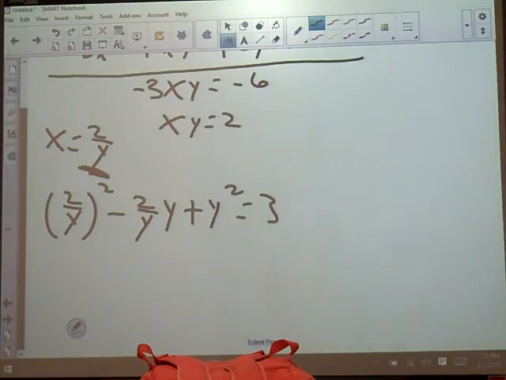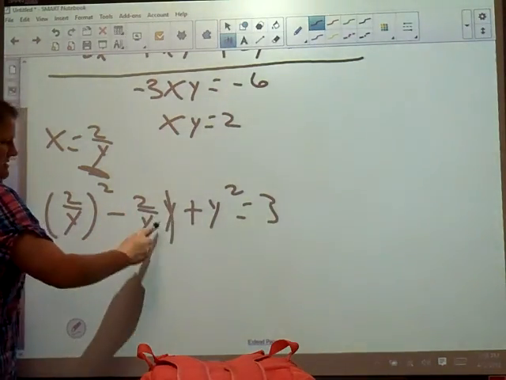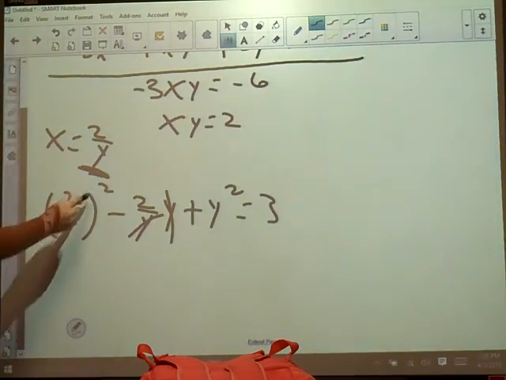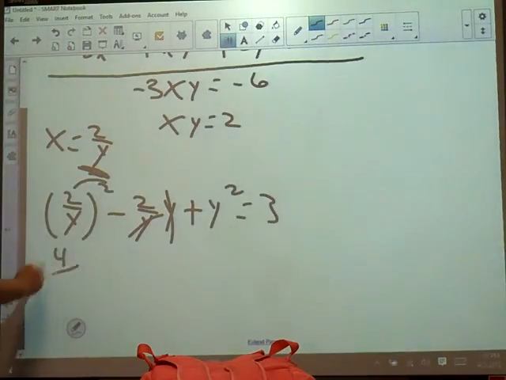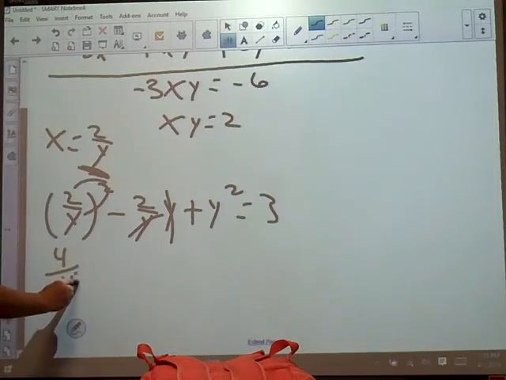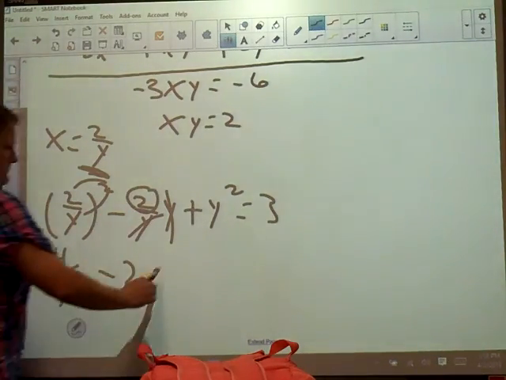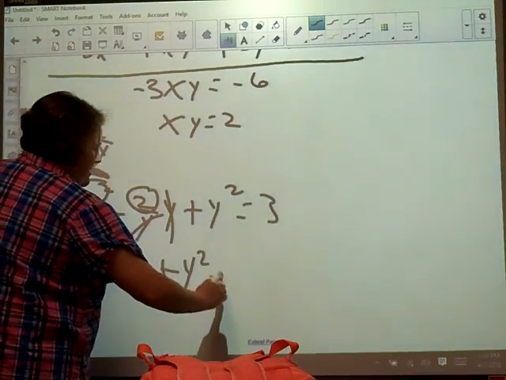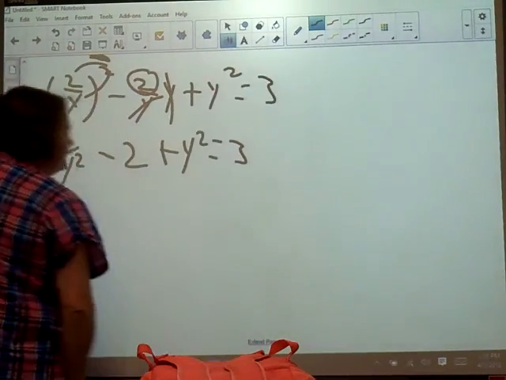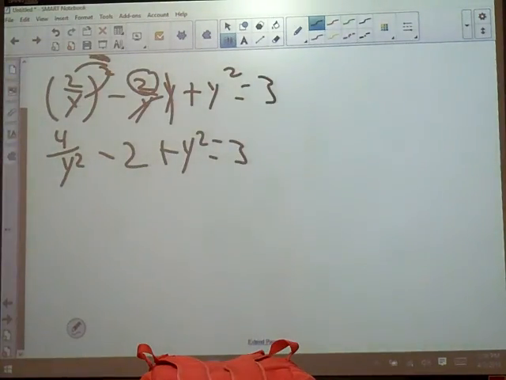Okay, so when we did the x times y, you're going to have those cancel out. So this will make 4 over y squared minus 2 plus y squared is equal to 3. What could I multiply that whole equation by to get rid of the y squared on bottom?